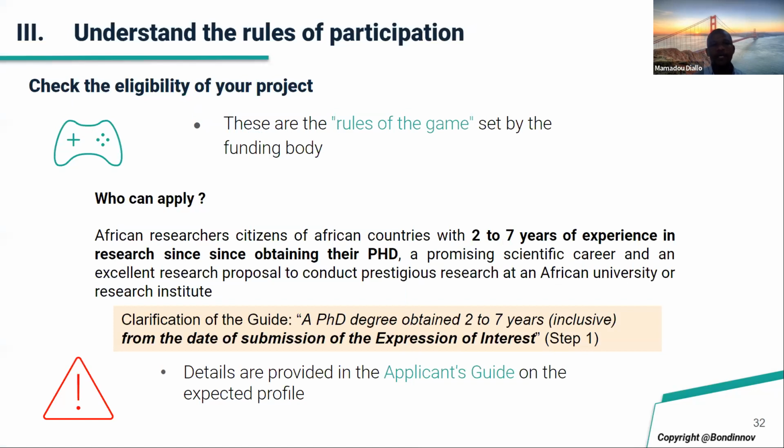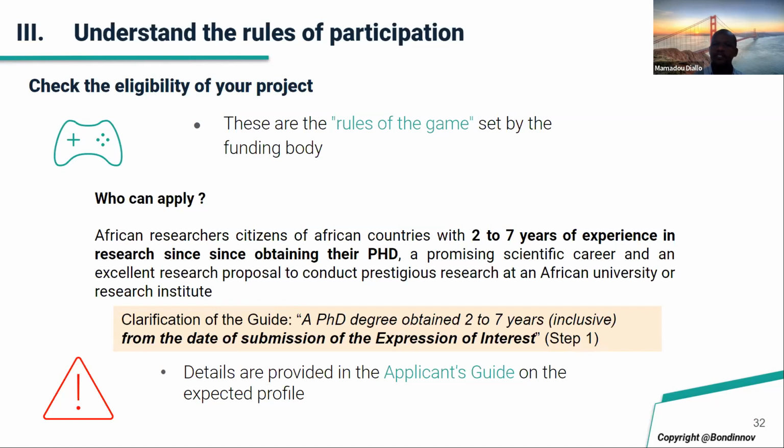So who can apply? African researchers, citizens of African countries with 2 to 7 years of experience in research since obtaining their PhD. A promising scientific career and an excellent research proposal to conduct prestigious research at an African university or research institute.